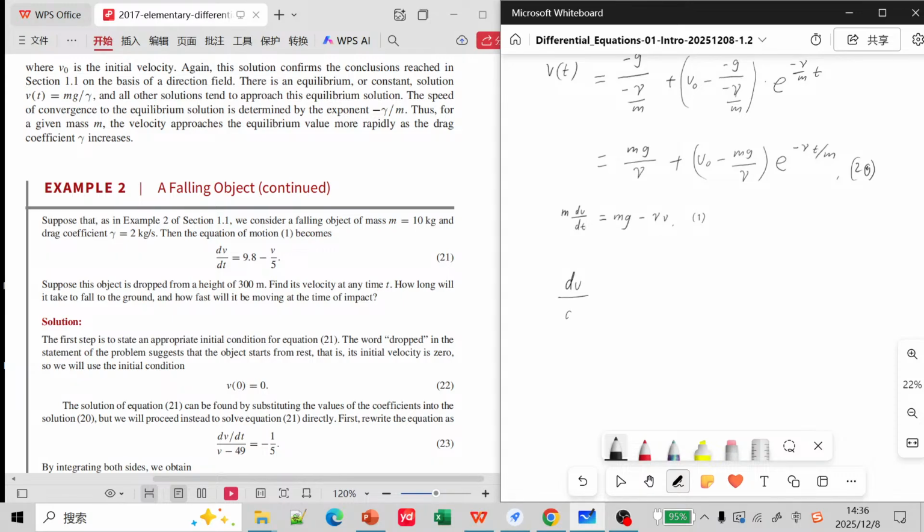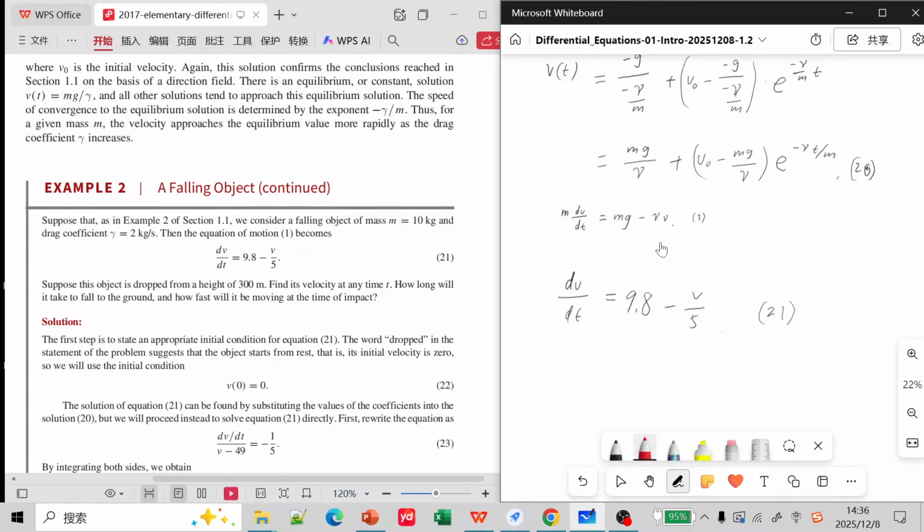dv over dt equal to 9.8 minus v over 5. This is equation 21.